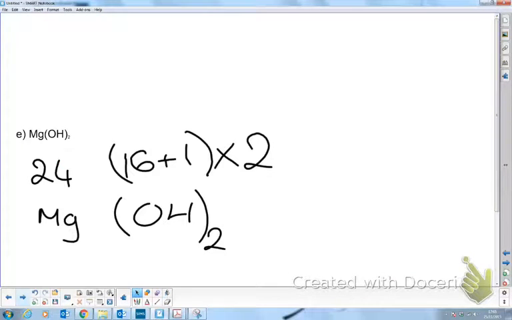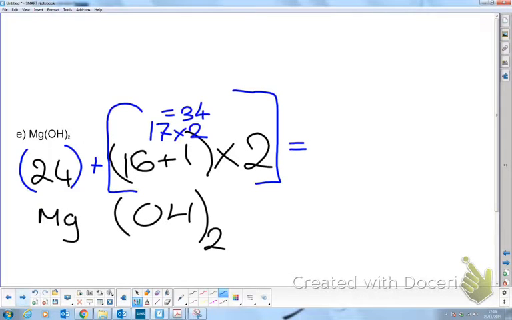Hydroxide ions, that's the O and the H stuck together, have a total mass of 17, which we multiply by 2 because our little subscript tells us we have 2 hydroxide ions. So we have 24 plus 34 equals 58.